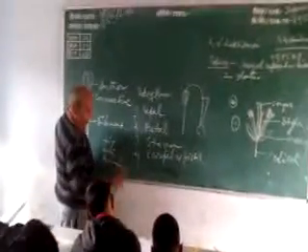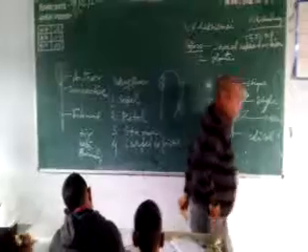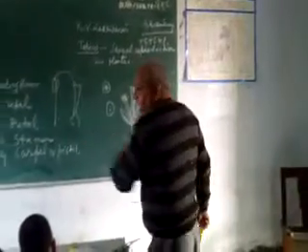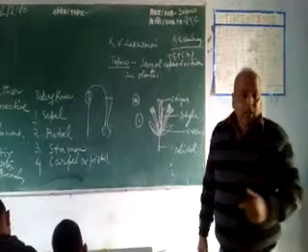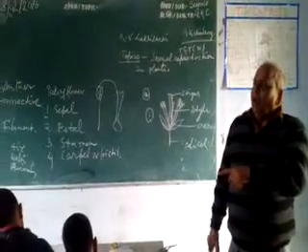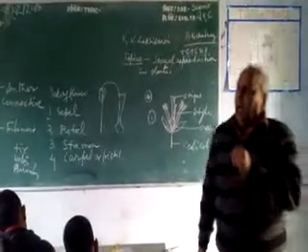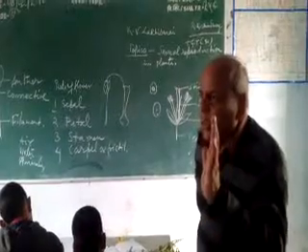There are 3 agents. The pollen grain is transferred to a stigma by the air, by the water, and by the animals, insects. So transfer of pollen grain from anther to a stigma is called pollination.